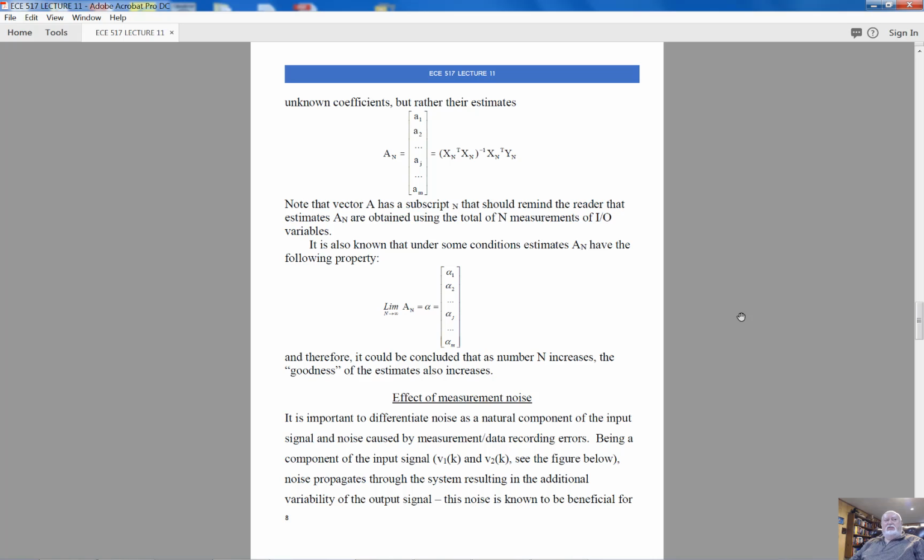The sources of noise are many: the inaccuracy of the instrumentation that we use, various effects of weather, and so on. So don't expect that variables x1, x2, x3 and the output variable y are recorded as they are. No, noise is added to these variables.